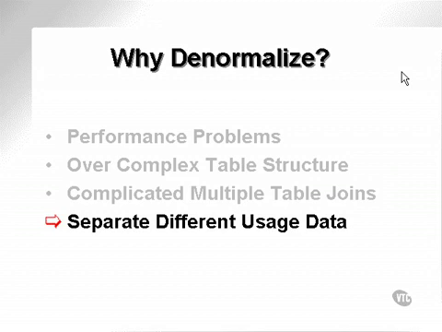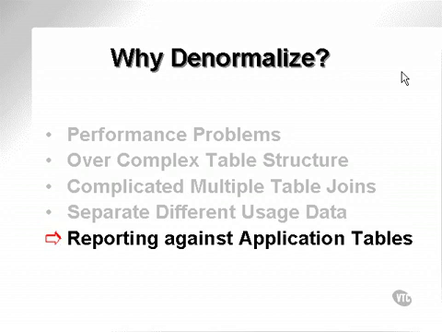Back to separating different usage data in terms of separating active data from large quantities of historical data. Reporting against application tables. Really, this is actually the same thing as data warehousing. Your live online or client-server applications on a day-to-day basis are changing data, they're inserting, updating, deleting. If you go and run reports against those same tables, the two different applications are competing with each other.